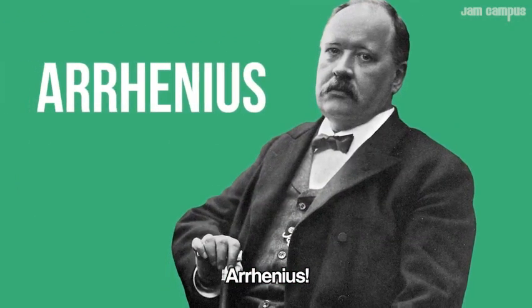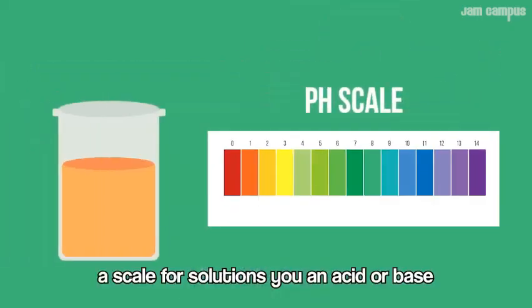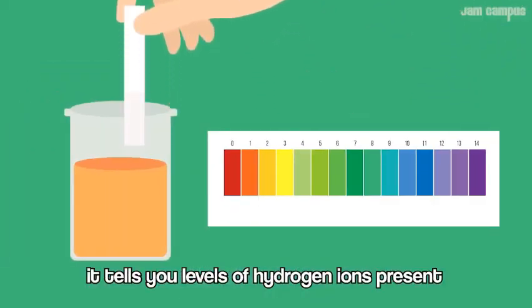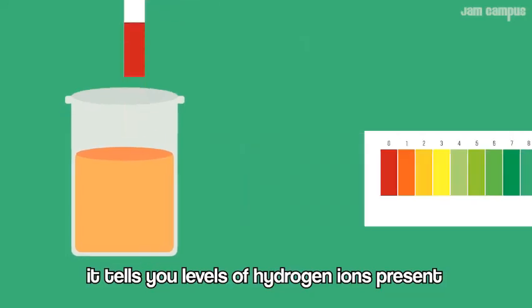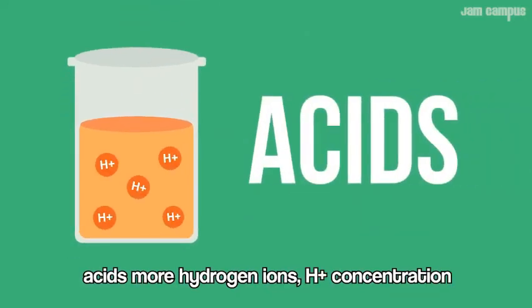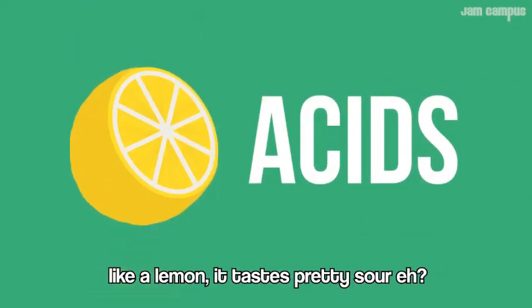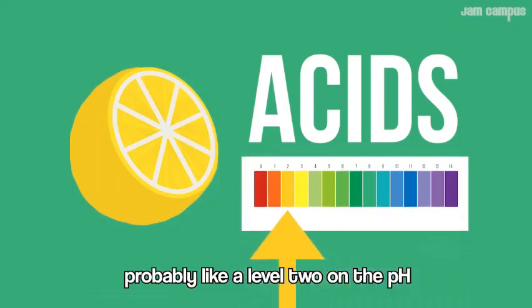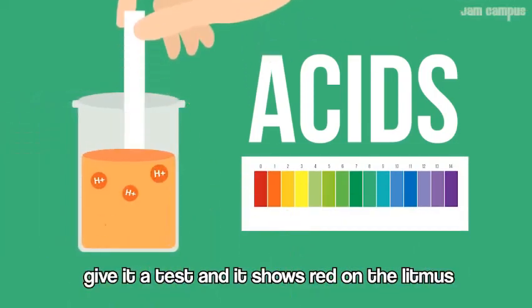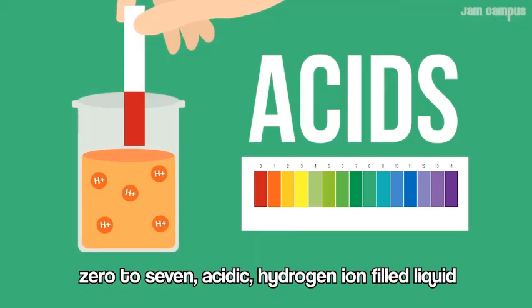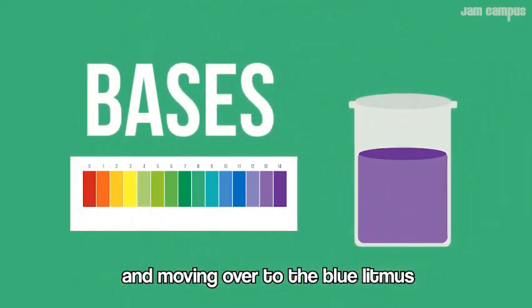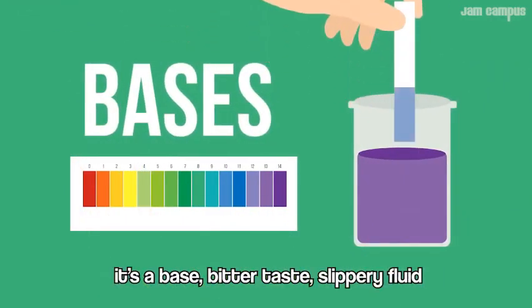What's a pH scale for a solution, whether an acid or a base? Tell the levels of hydrogen ions present. Acids have more hydrogen ions, H plus concentration, like a lemon. It tastes pretty sour, probably like a level 2 on the pH. Give it a test and it shows red on the litmus. 0 to 7 acidic. And moving over to the blue litmus, it's a base, but it tastes slippery.